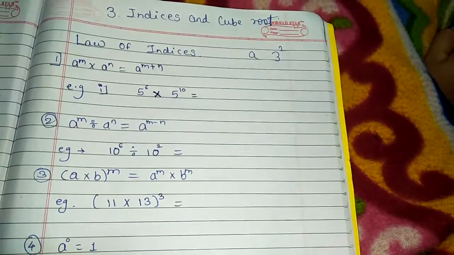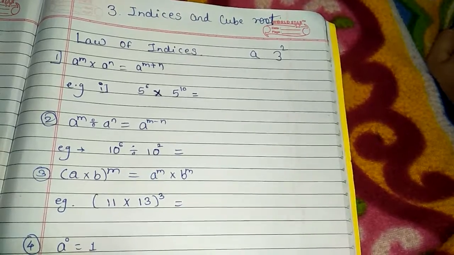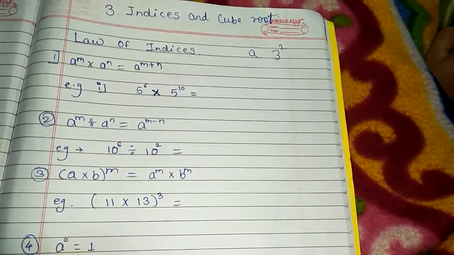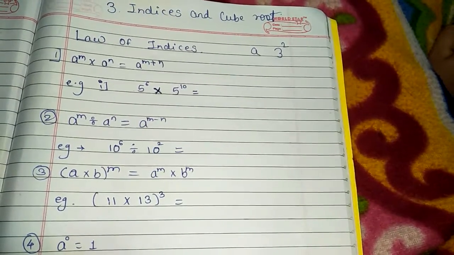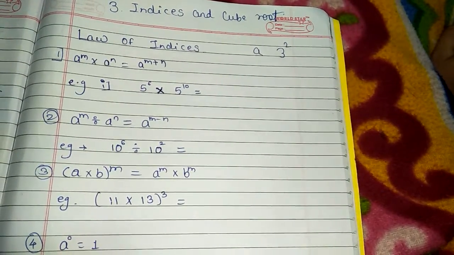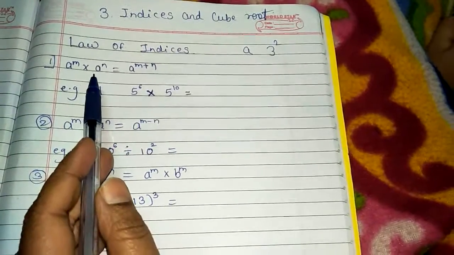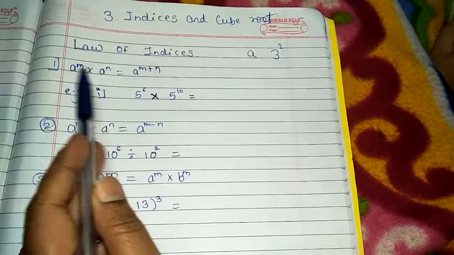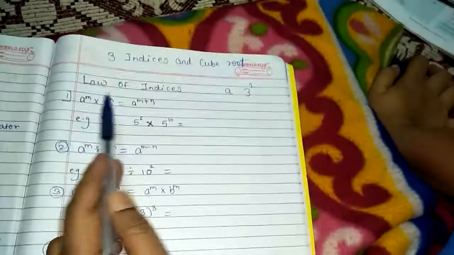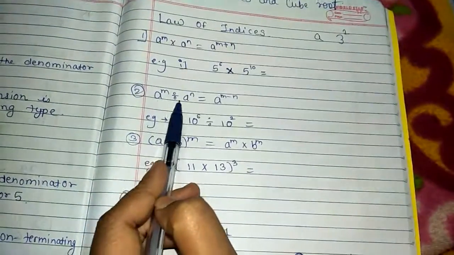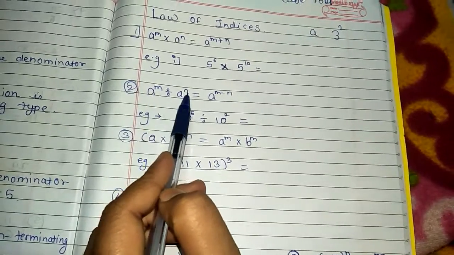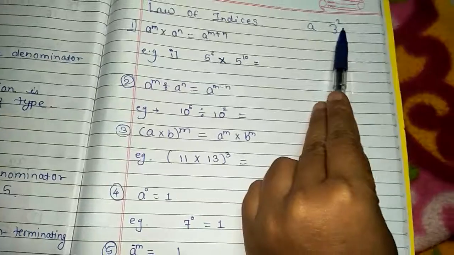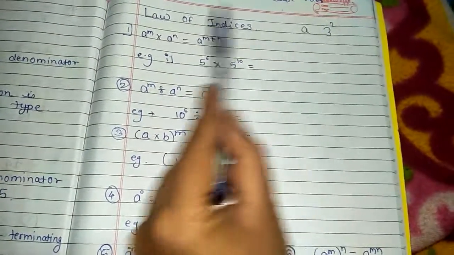In other words, keep in mind, in multiplication, if the bases are same, then do the addition of the indices, and in division, if the bases are same, then do the subtraction of the indices. If there is a single one we say index, but if there are two, then we say indices.